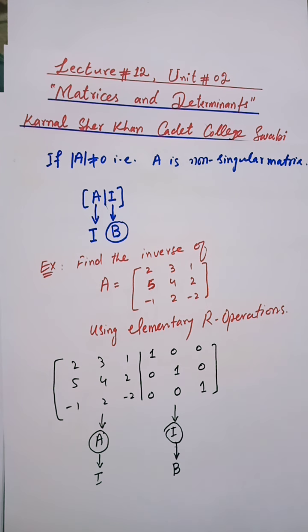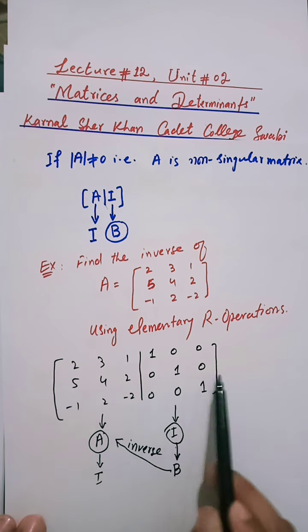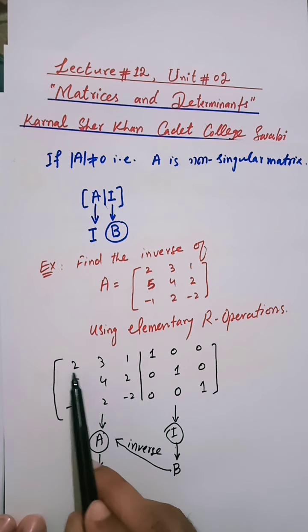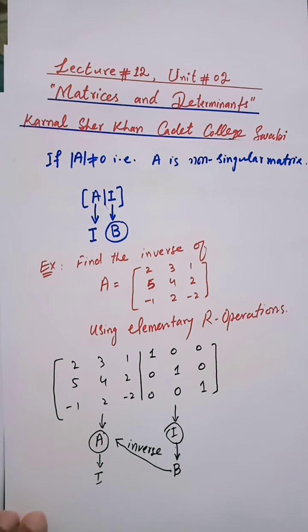Let's say that matrix is B. So when A becomes identity, then I becomes B, and that B will be said to be the inverse of A. Now when you do some operation on any row, this whole horizontal arrangement of elements will be considered the second row, this whole will be considered the first row, and this whole will be considered the third row.